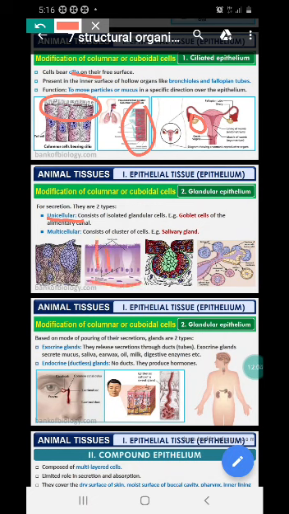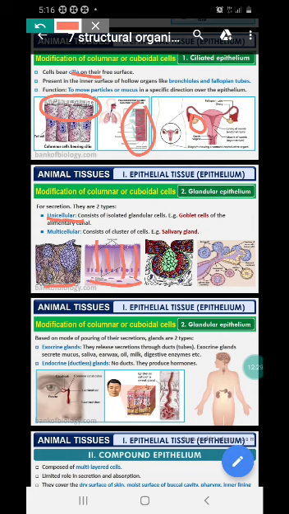Each of these cells gets modified into a gland for secretion. This is a unicellular gland, where a single cell transforms into a gland for secretion.